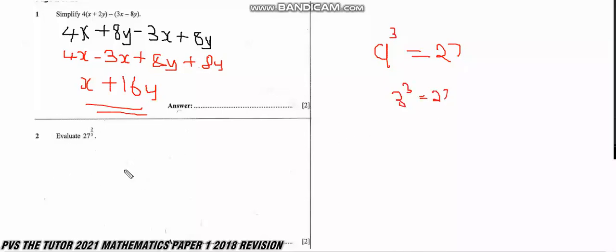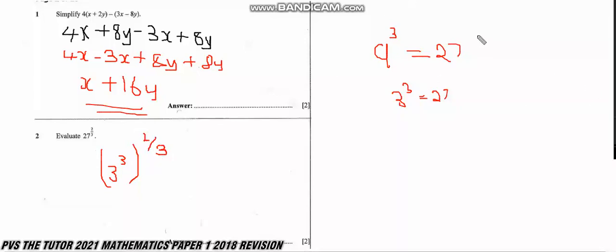So we write 3 to the power 3 like that, then outside, you put the same 2 over 3.